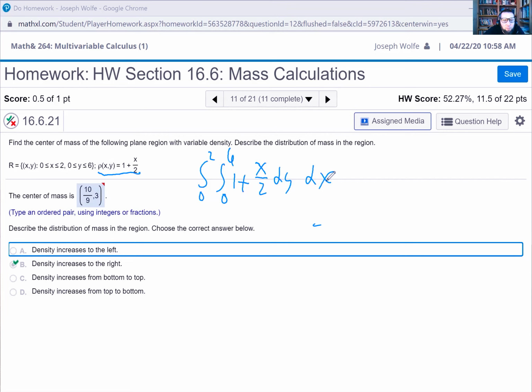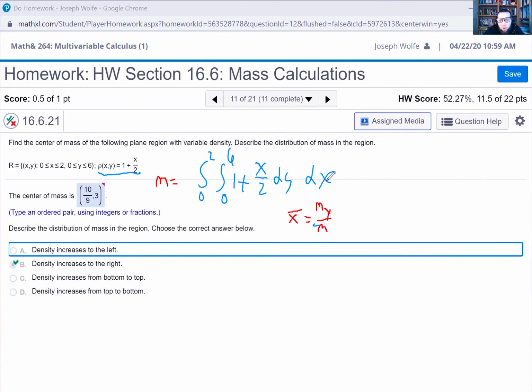So this finds us the mass. And then to find x bar, you need My over m. Or we could do the 1 over m. Yeah, it's the same thing.